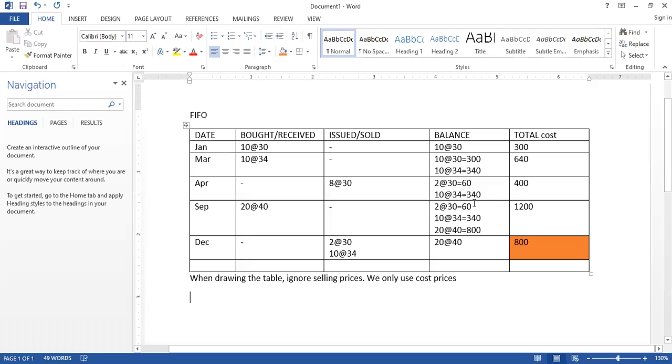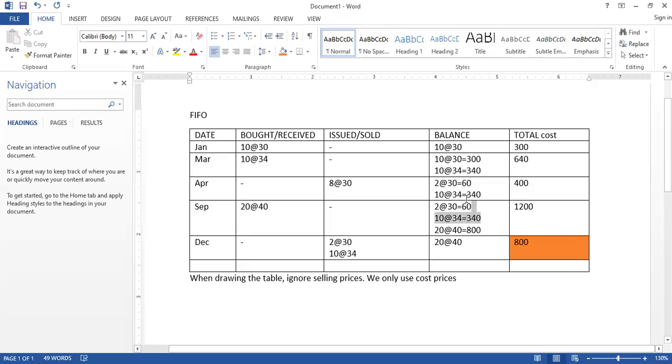So we move on to the next balance that came in next, which is 10 at the price of 34. Now because we still need to sell out 10 units in order for them to be 12, you sell out the total 10. You have 10 units here, so 10 at the price of 34. Now all these are sold out.